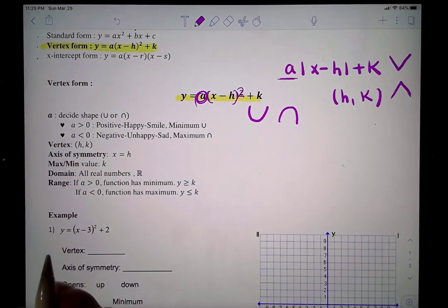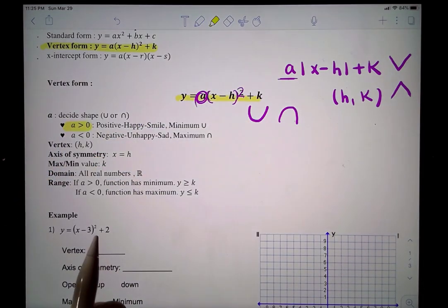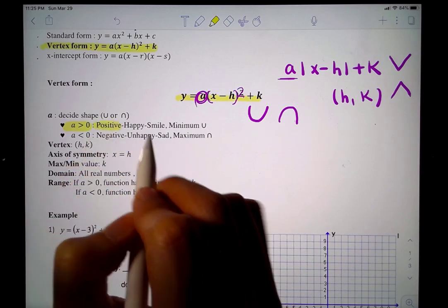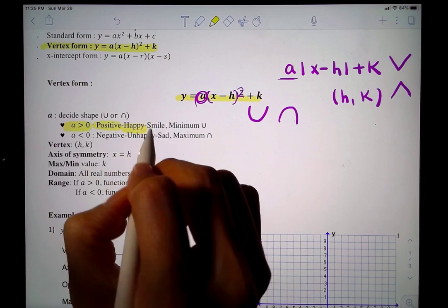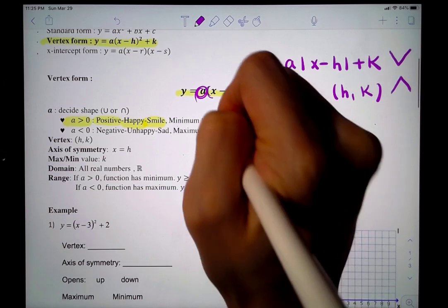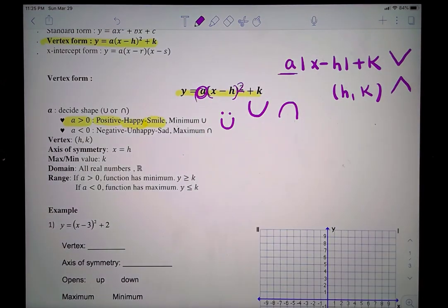So you can think about this one, guys. When a is greater than 0, that's positive. Positive, then happy. Happy, then you smile, right? So look, it looks like this, happy face, okay?